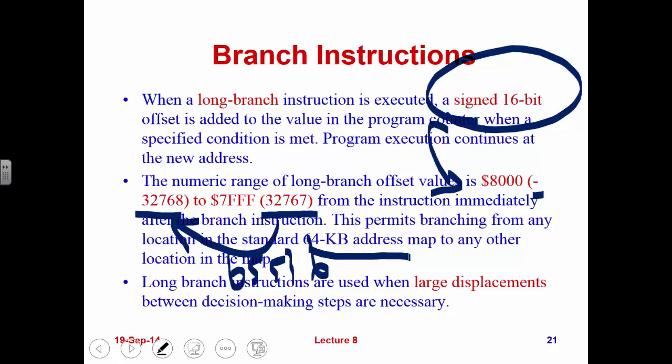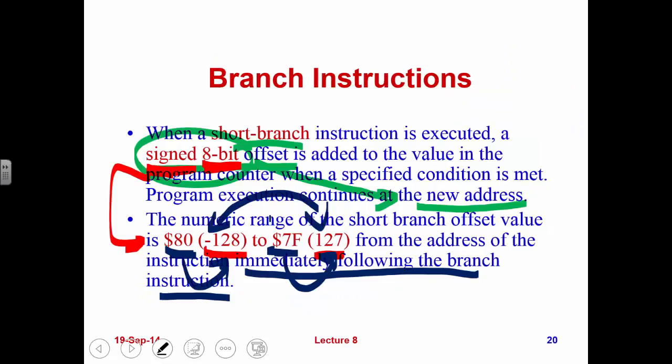So the long branch mode is in general used when a large displacement between decision-making steps is necessary. In other words, you need to jump much further away, both forward and backward. That's why the number is sometimes negative, sometimes positive. So the main difference between short branch and long branch is how far you can branch. For short branch, only 127 locations forward and negative 128 backward.